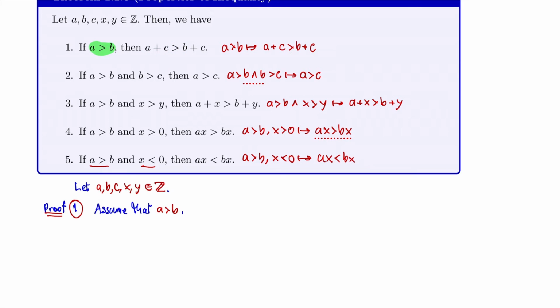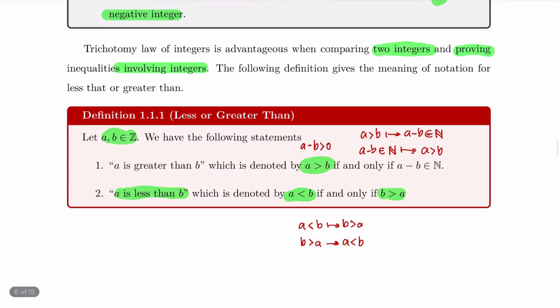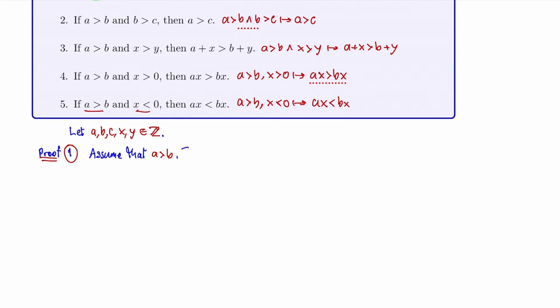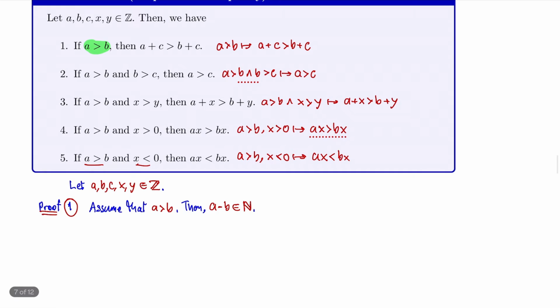So what does it imply when a is greater than b? By definition, we have a minus b is in the set of natural numbers. Okay, and then what do we have?